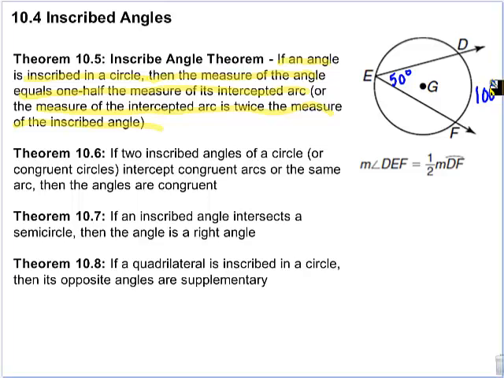Next theorem. If two inscribed angles of a circle intercept congruent arcs, or the same arc, the angles are congruent, which should make sense.